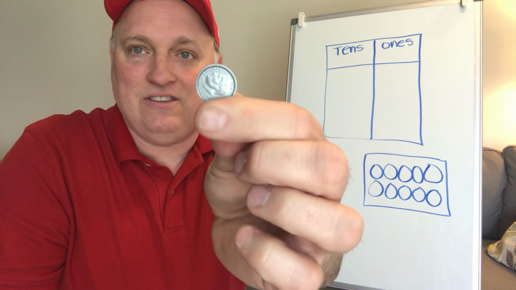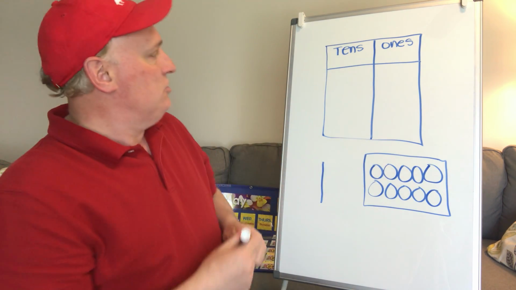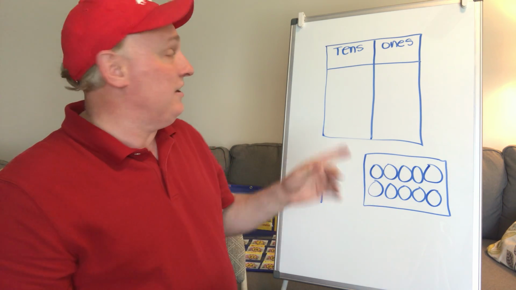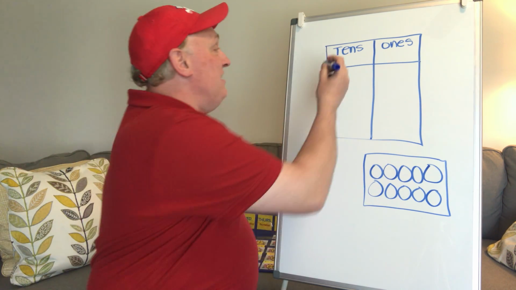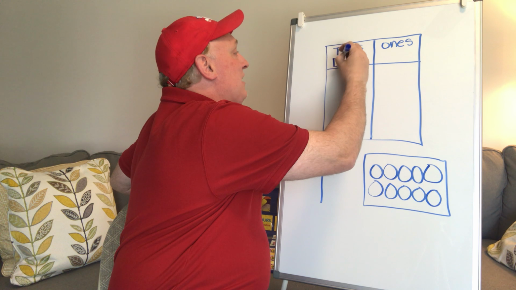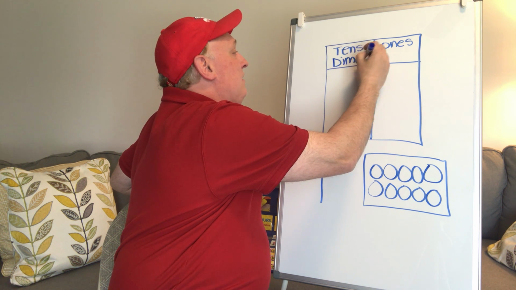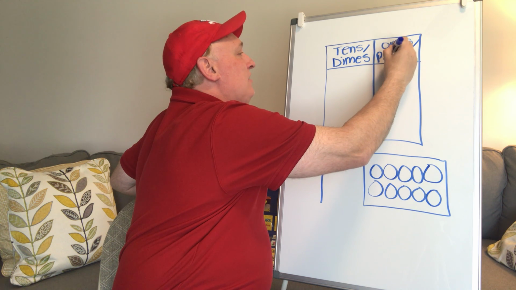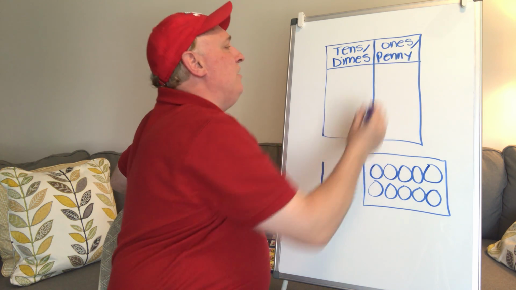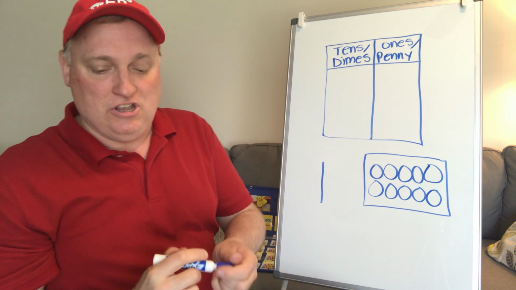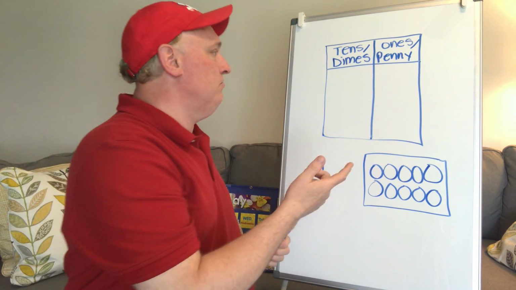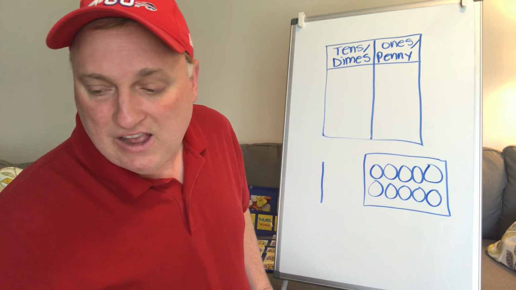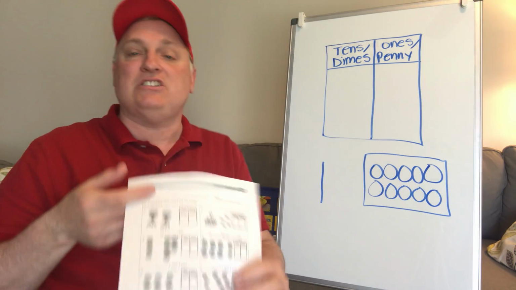So you want to take this guy. This is the dime. So today's lesson is really all about tens and dimes are the same thing, and ones and pennies are the same thing.